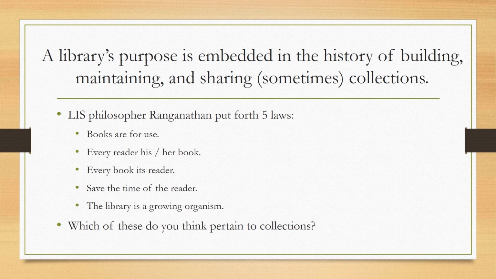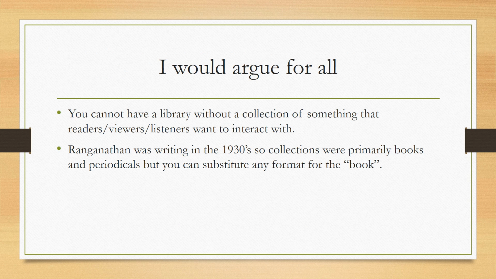There are private libraries. LIS philosopher Ranganathan put forth 5 laws. And there they are. The library is a growing organism. So which of these do you think pertain to collections? I would argue that all of them do.